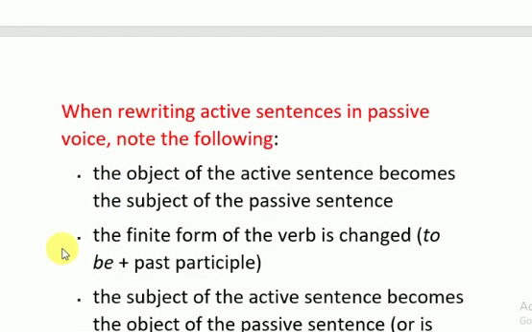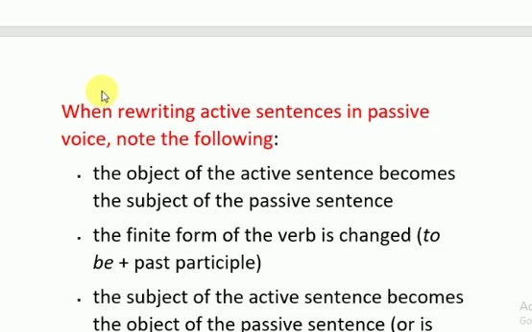So we move here to talk about some changes when we take a sentence from the active voice to the passive one. For example, let's say Emily wrote a letter. This is an active voice. We know that Emily is the subject, wrote a verb, a letter, object.